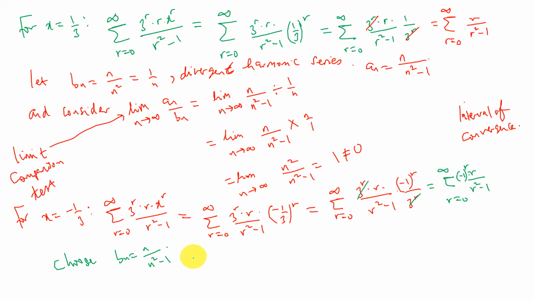Now what happens here? You'd have to choose Bn to be that, so that Bn plus 1 is n plus 1 divided by n plus 1 squared minus 1. Right, so you compare these two things. If n is 1, which one is bigger?